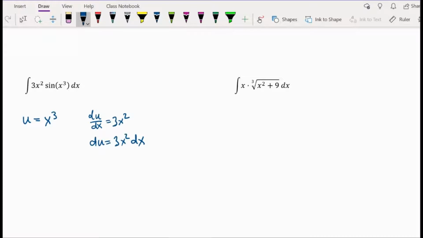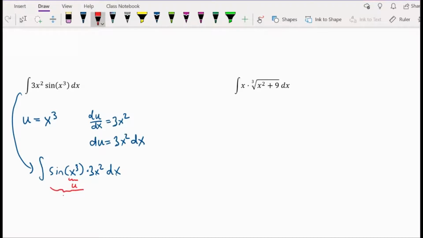So what you want to do now is look for these expressions as part of the original problem. It'd be a little easier to see if I rewrite the original problem. So let's write the integral of, I'm going to rearrange this so it's written as sine x cubed times 3x squared dx. And what you can see here is that this expression x cubed is u.